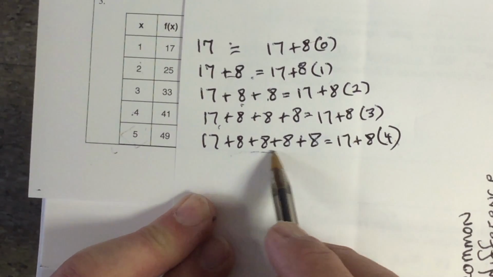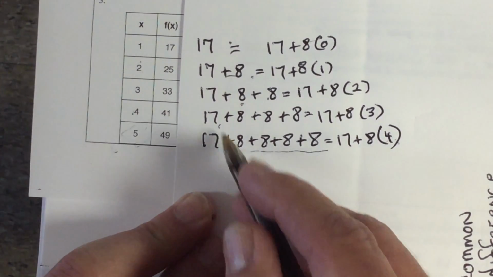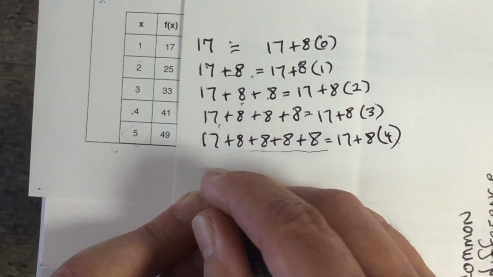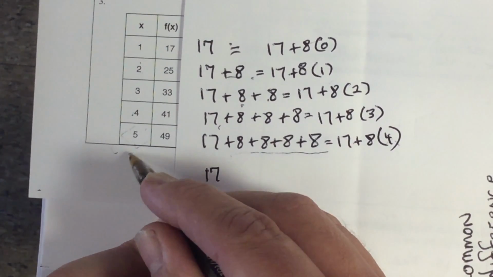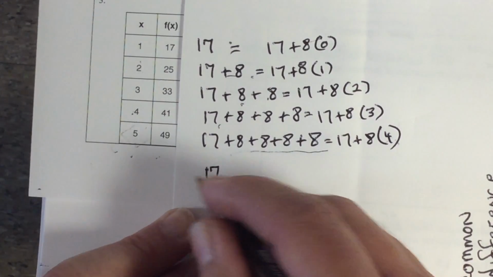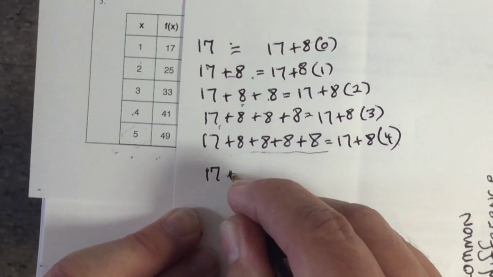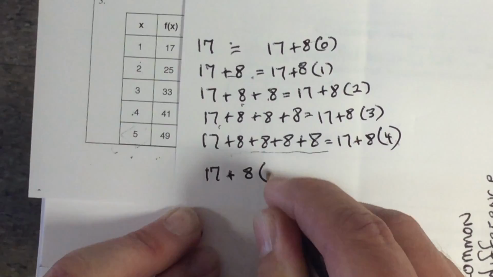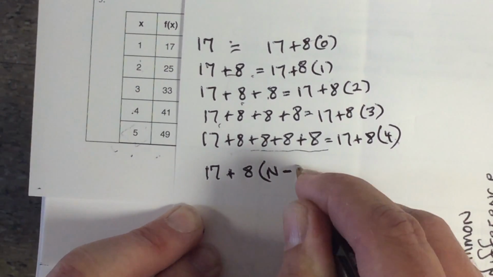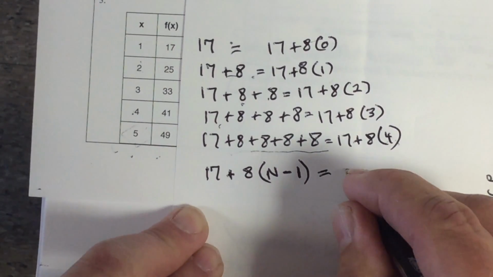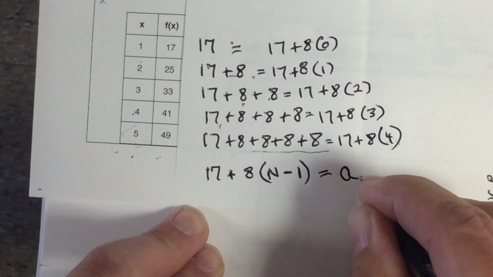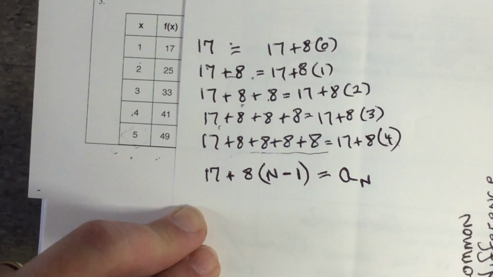That's how many times we're adding it up. So that means this is going to be 17, right? If I want the nth term, let's say I want the nth term, and I want to know what it is: 17 plus 8 times n minus 1, that's going to give me my nth term.